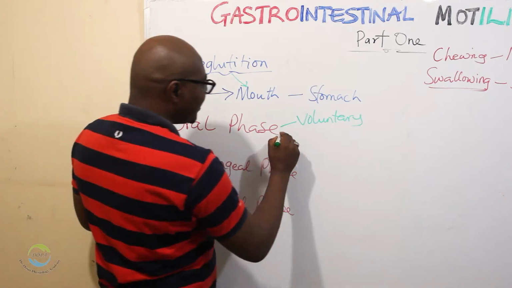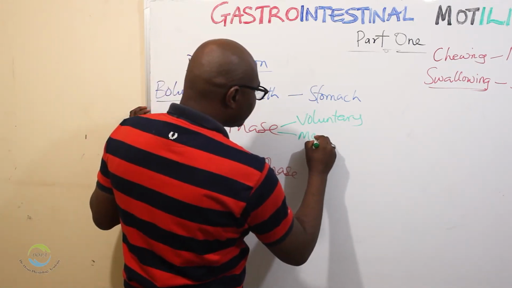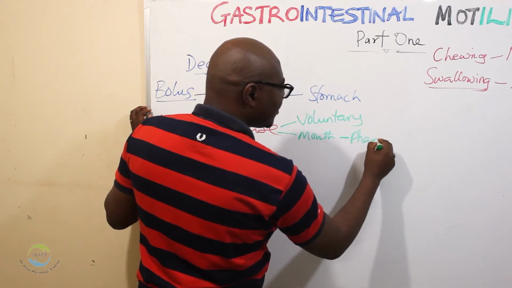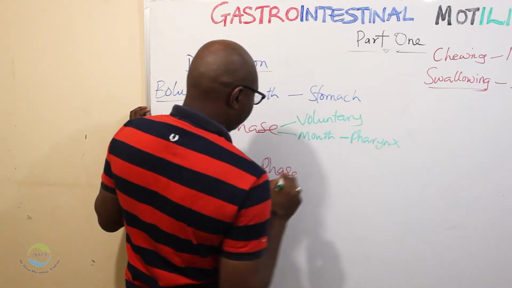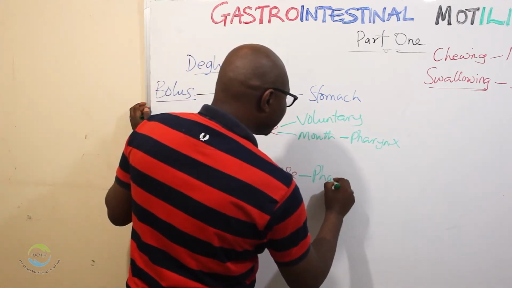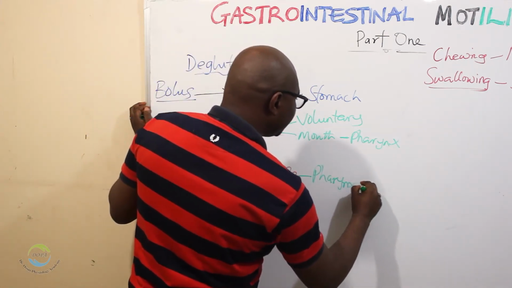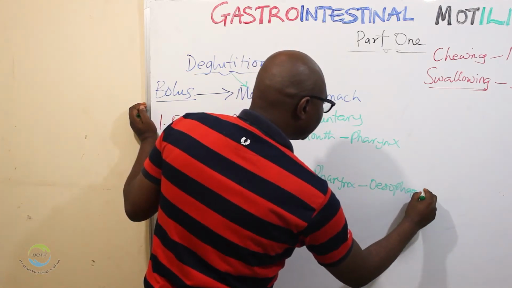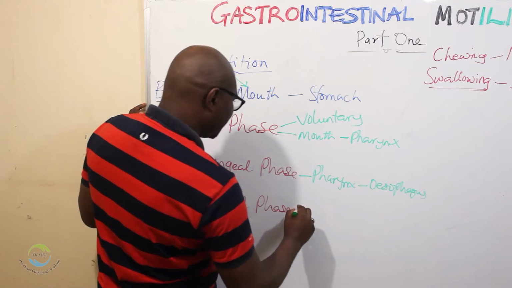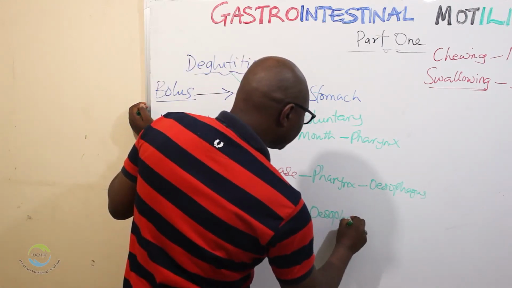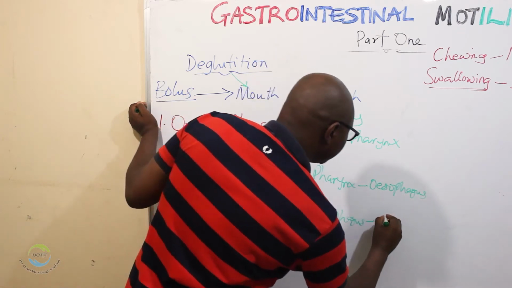So oral phase is from mouth to pharynx. Pharyngeal phase is from pharynx to esophagus. Then esophageal phase is from esophagus to stomach.